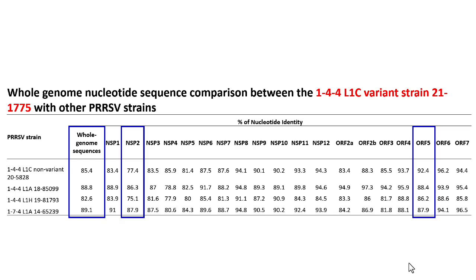The bottom line is that all of those belong to lineage 1. However, you can see the genetic variation, and even for the L1C variant and non-variant, both of which belong to L1C, you can see the genetic variation between them.